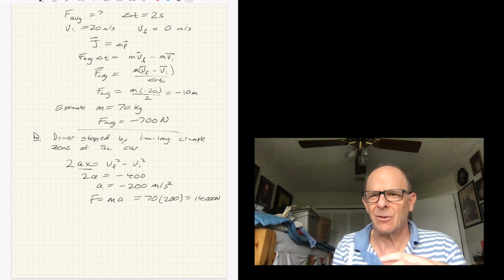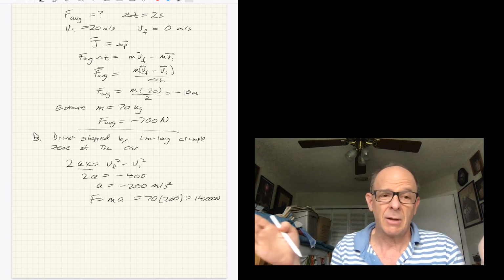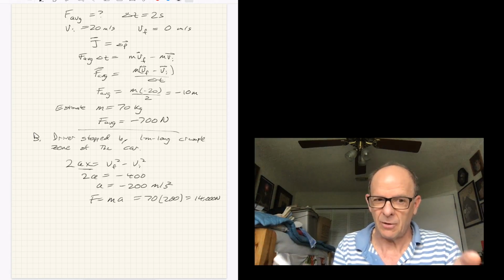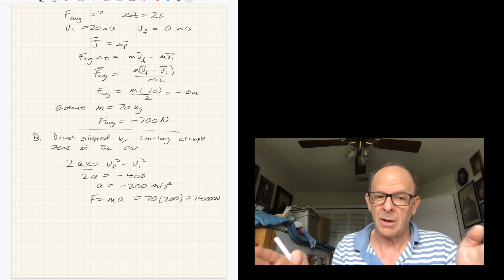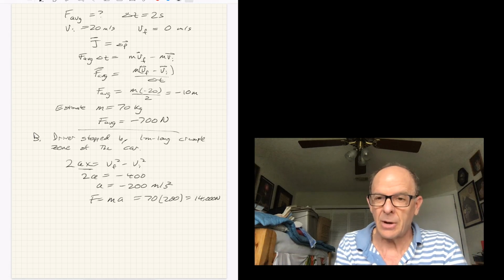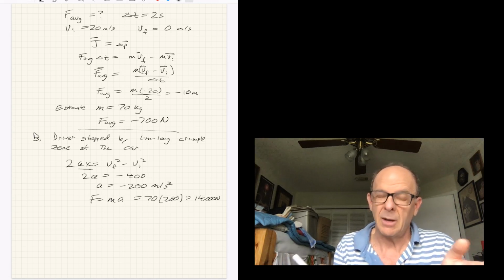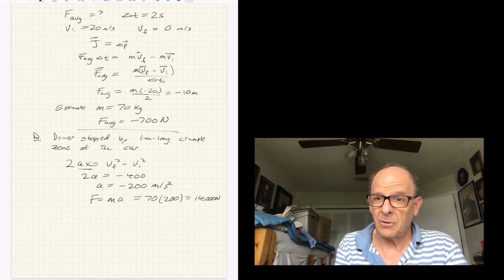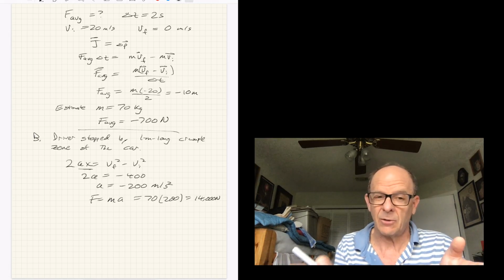It's not like, is it soft or whatever, it's just kinematics, it's just basic physics. If you come to a stop in 20 meters, that's a nice gentle slowdown, and it's not going to be a big force exerted on you. If you come to a stop in half of that distance, it's going to be twice the force. If it's a tenth of that distance, it's going to be 10 times the force.